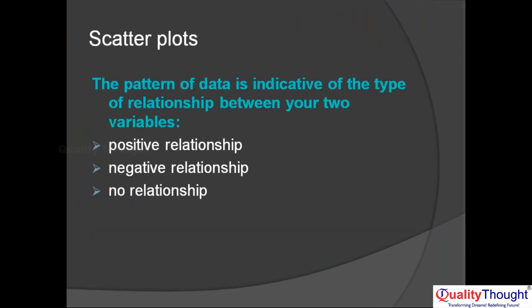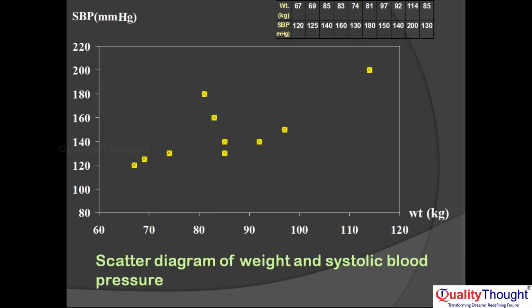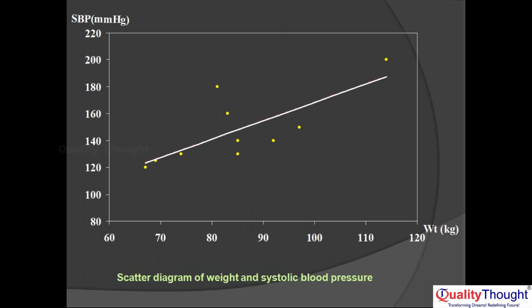So here, how could we understand a positive relationship, a negative relationship or no relationship from this pattern of data? It is clearly understood in this pattern: the points move towards the positive end, in an inclined way towards the positive direction or positive coordinates.